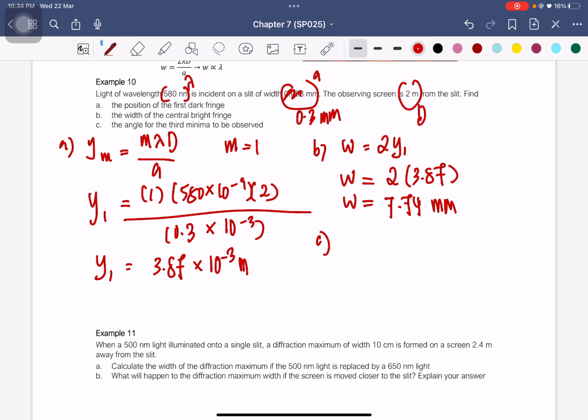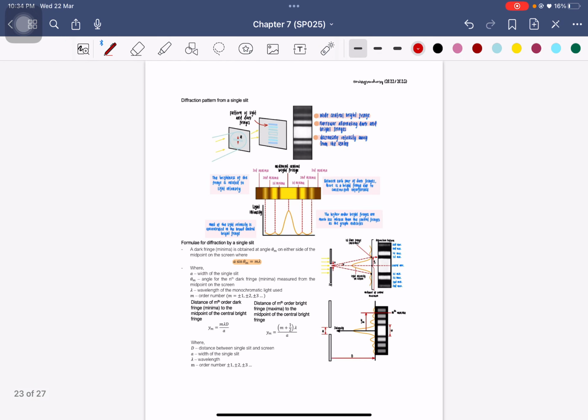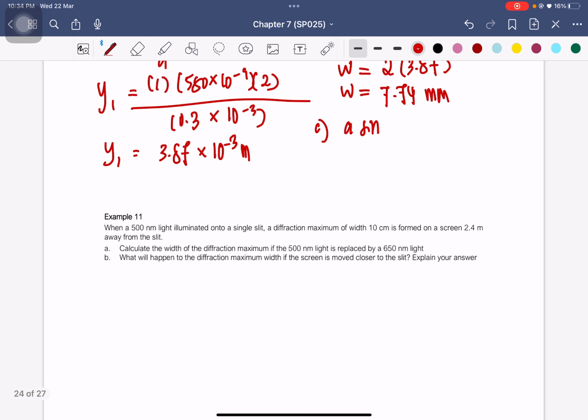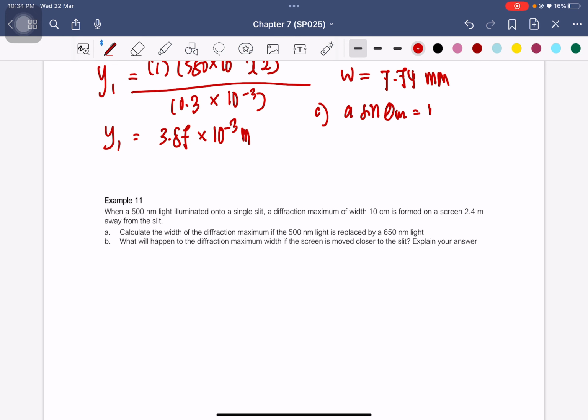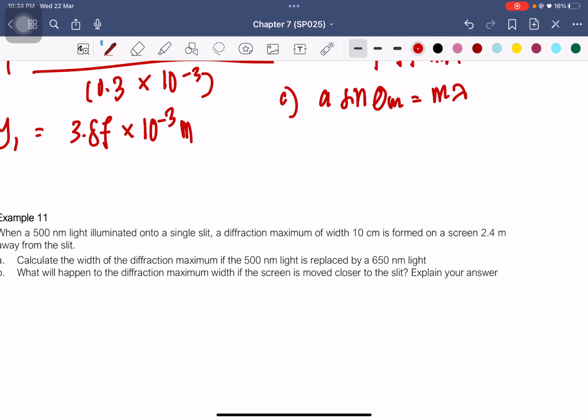Next, the angle for the third minima. For the angle, we are going to use sine theta_m equal to m lambda over a. We are looking for the angle for the third minima, so third minima means m is going to be equal to 3.